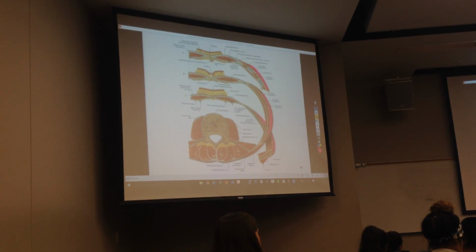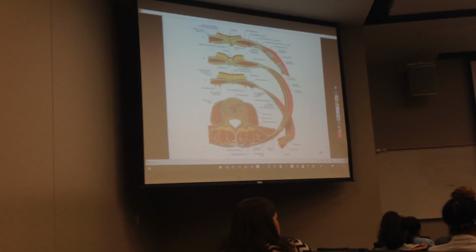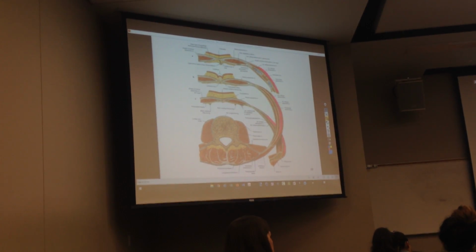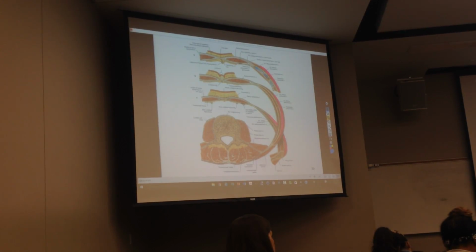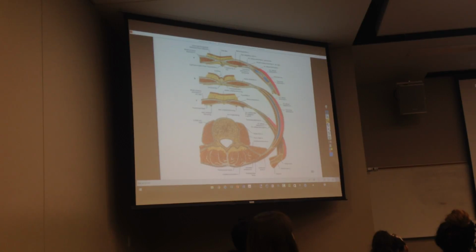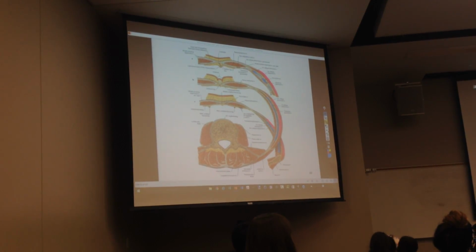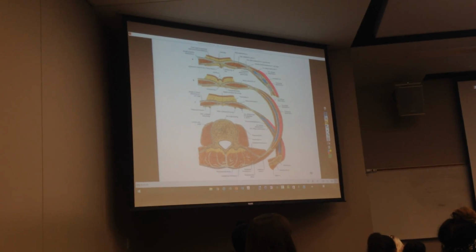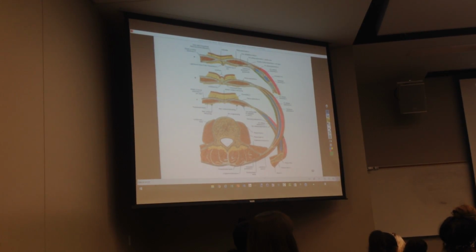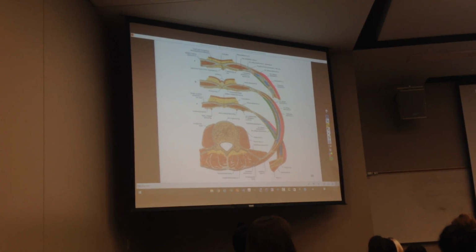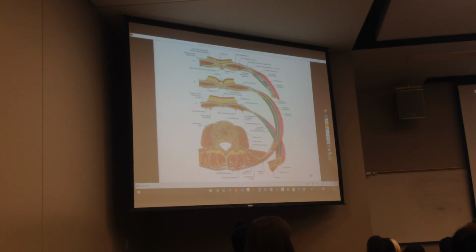We're going to have a middle layer, internal oblique. And then the deepest layer, we're going to have the transversus abdominis right there. Transversus abdominis.